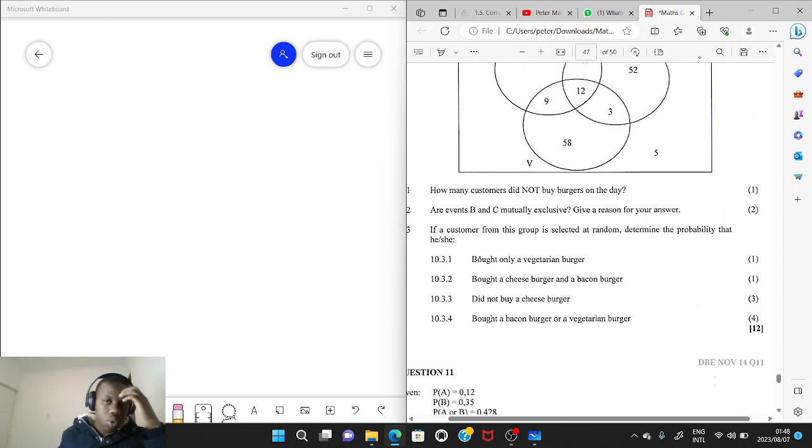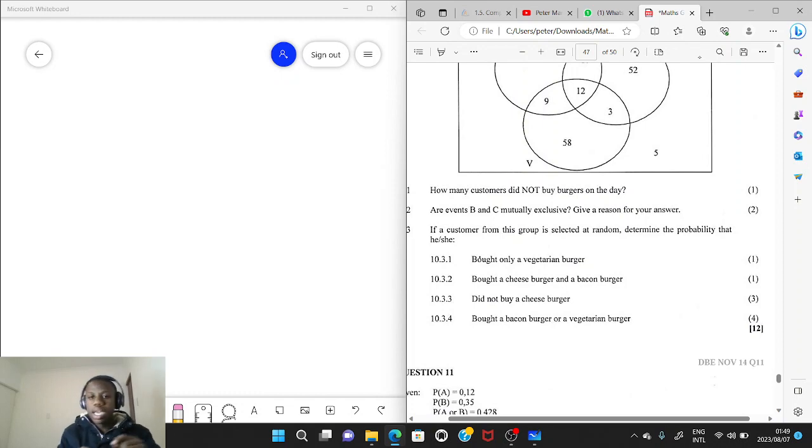So on the question you're going to have either a Venn diagram, or a tree diagram, or a contingency table. One of the three is going to appear in either your test or exam, right? Just simply know that. That's why I want you to grasp all of them.